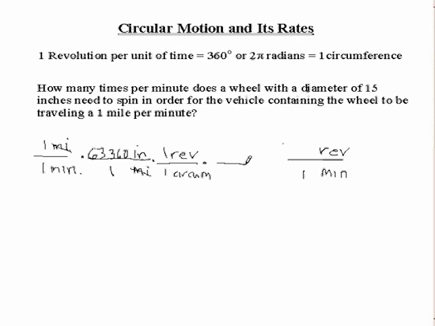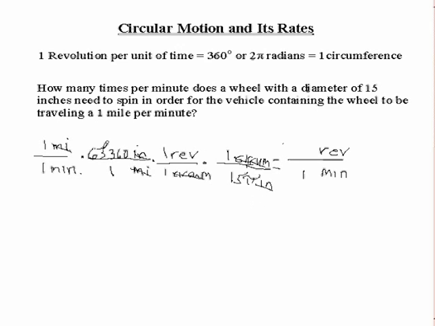It's got to cancel circumference. It's also got to cancel inches. That's okay. Don't panic. We're talking about 1 circumference, and we can get 1 circumference in inches: 15 pi inches. So the circumference cancels the circumference. The inches cancels the inches.